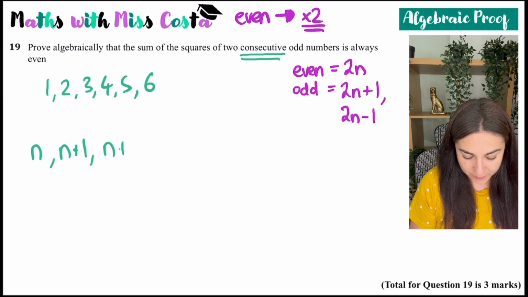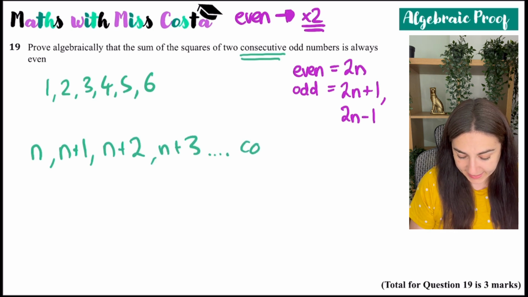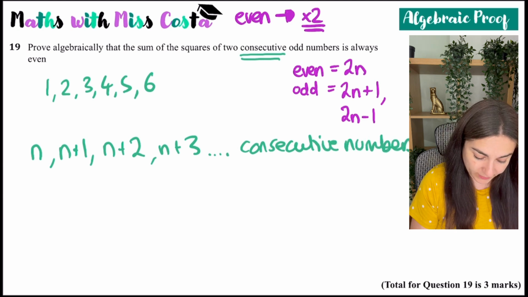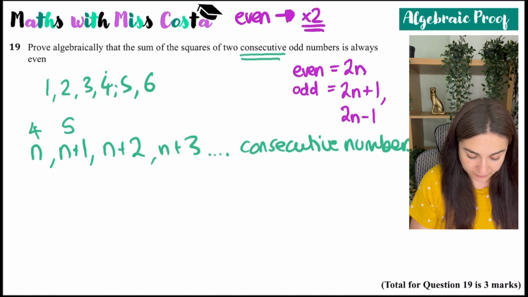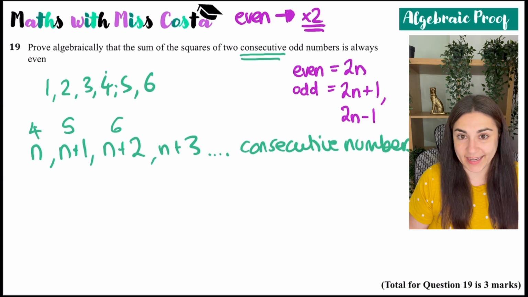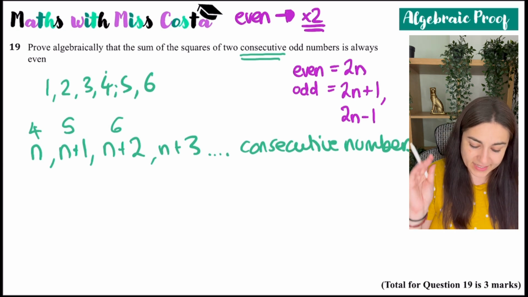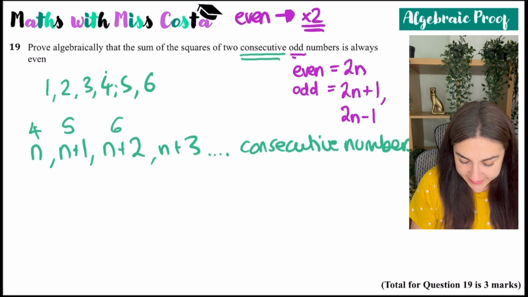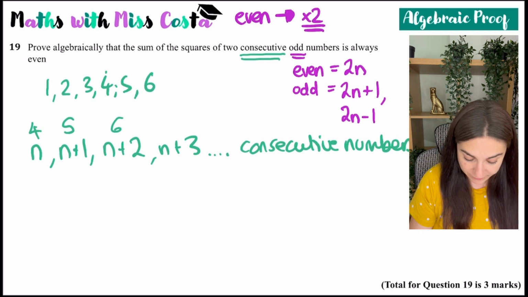The number after that would be n plus 2, and then n plus 3, and so forth. That is how you do consecutive numbers if they are just any old bog standard number. Because if n was, let's say, 4, n plus 1 would be 5, and n plus 2 would be 6. So that's how we get that. Now, the difficulty sometimes comes when it's saying consecutive odd numbers or consecutive even numbers.